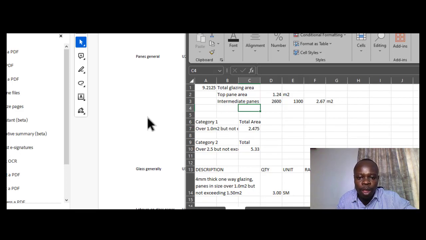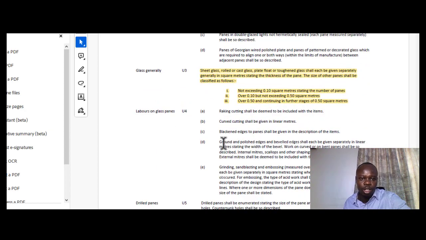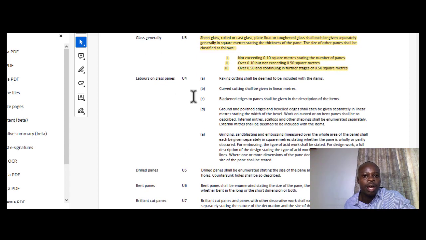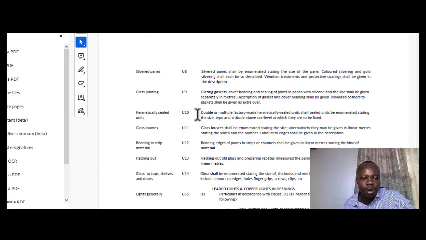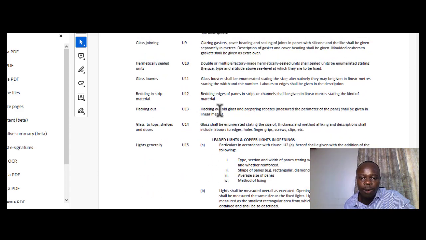But for now, I would like us to stop the explanation at that point and look at another area that I will also like to give you a definition on, in terms of what we need to understand for the rules under glazing for our session today. Let's see if there is anything else we need to take into consideration as far as glazing is concerned.